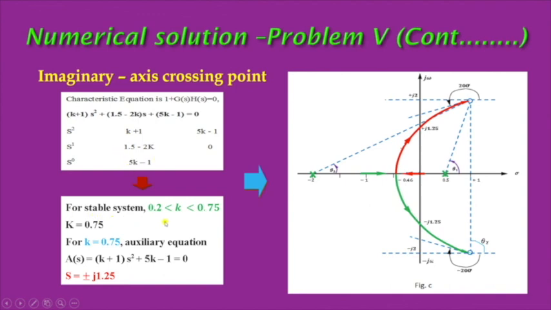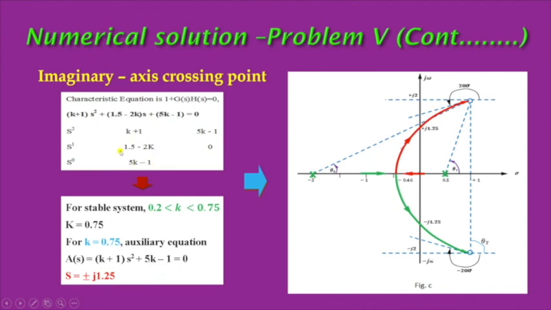For a stable system, if this is greater than 0, that means all elements of the first column are positive. We know this is the condition for a stable system. So we get K greater than 0.2.